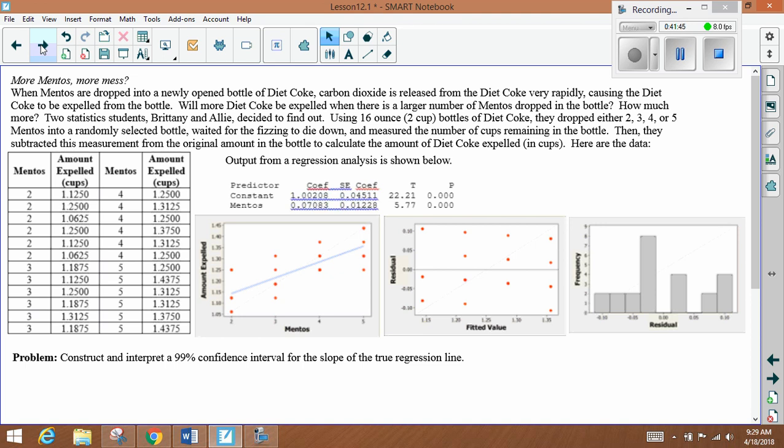I would have actually liked to have seen a normal probability plot for this, just to see if the data is normal. But we have enough here to do this. All right. So we know the whole Mentos trick, right? They spew soda because of the carbon dioxide that's released.